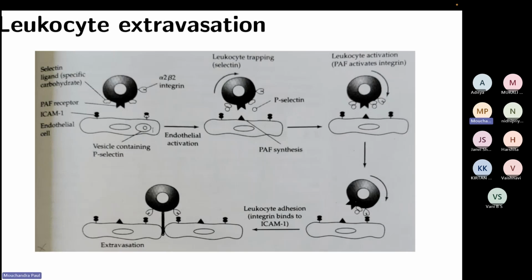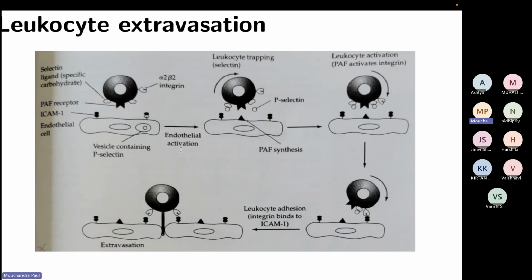Once it's activated, it secretes P-selectin, the soluble form selectin receptor. This P-selectin molecule will bind with the carbohydrate ligands on the leukocyte. This in turn activates the leukocyte cell, and it also traps the leukocyte at this position.